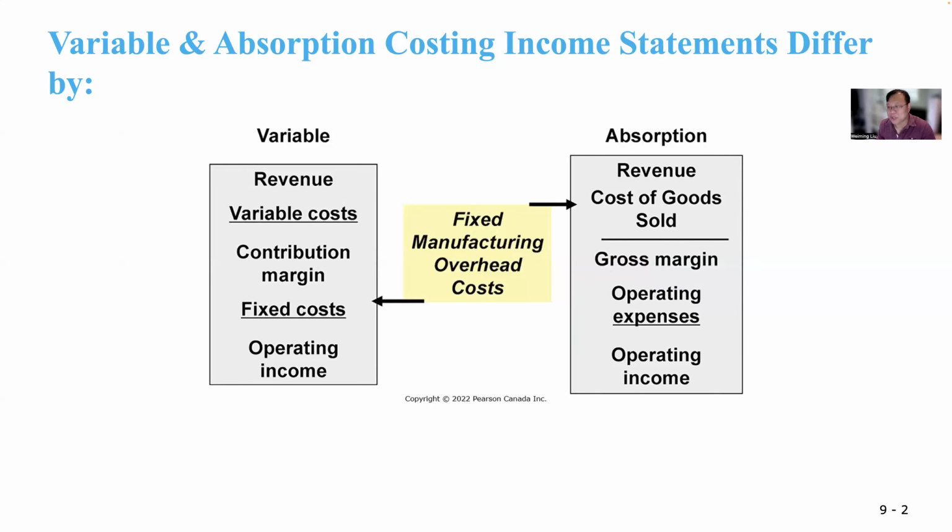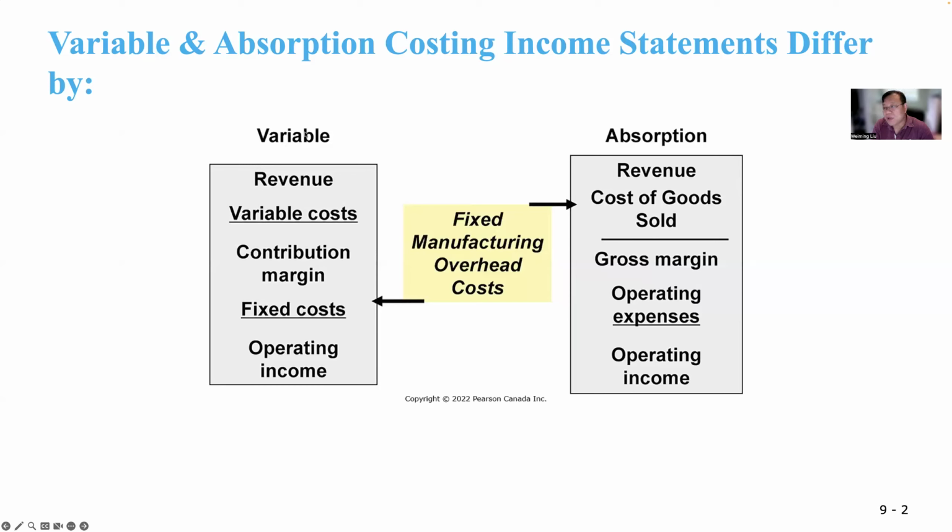It doesn't have to be GAAP, it doesn't have to follow generally accepted accounting principles, because it's not for external users. If they just want to review some information for internal use, for the managers themselves, they could have other types of income statement. So in this chapter, we are learning about variable costing.